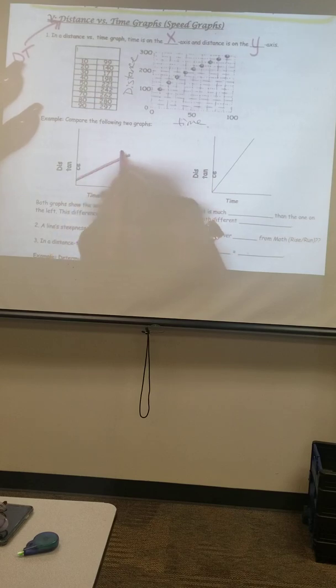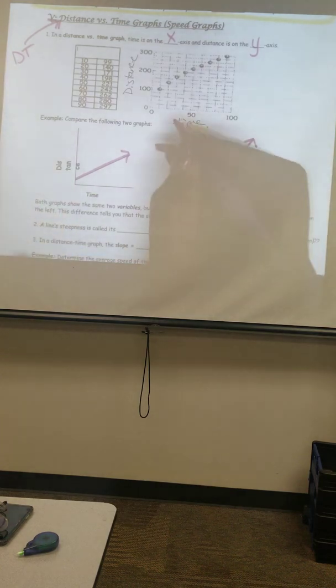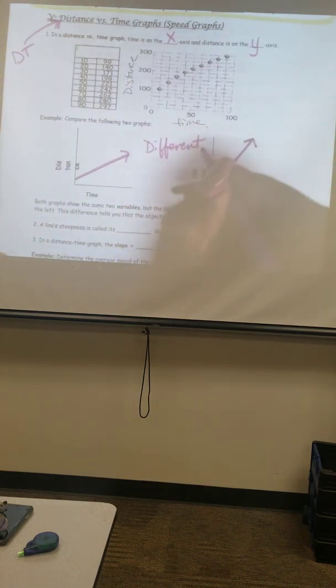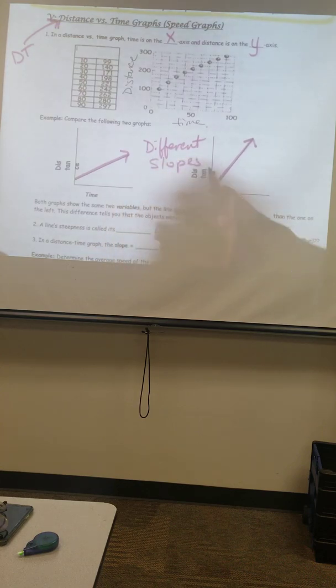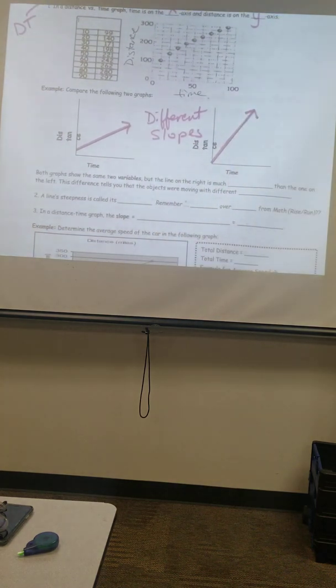Here's a line, but if I look at this slope, we can have less steep slopes and steeper slopes. And my graphs can be direct relationship graphs or they can be inverse relationship graphs.